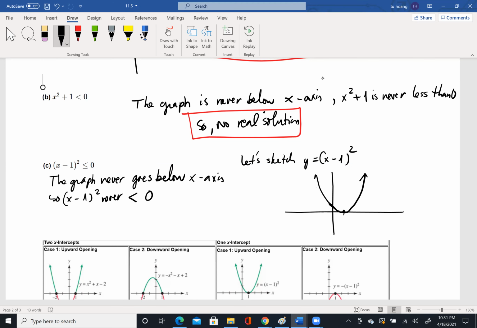However, at x equal to 1, we have y equal to 0. That is the only solution to the inequality.